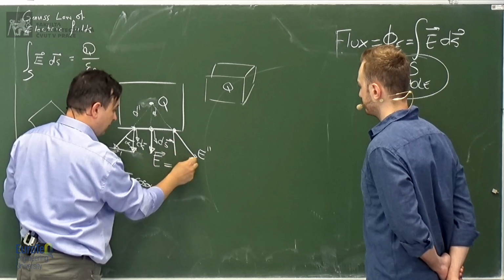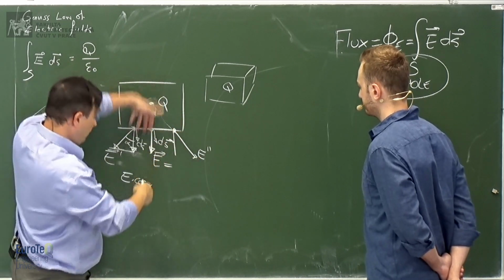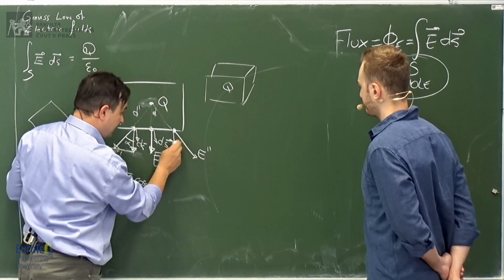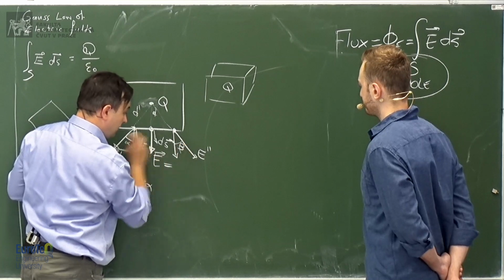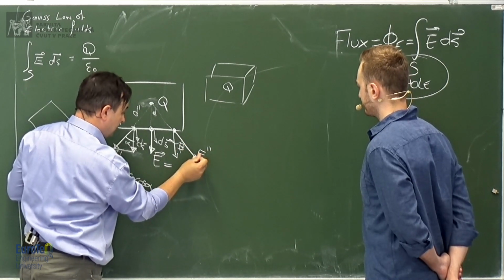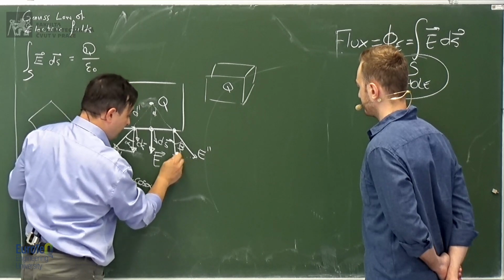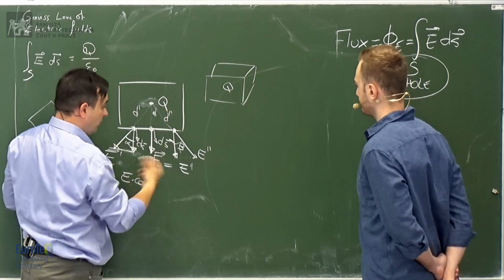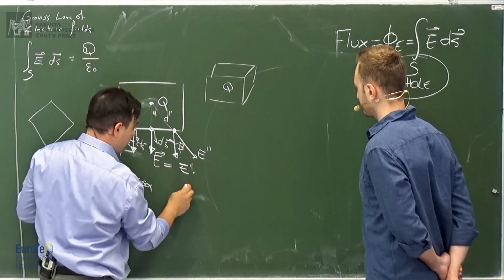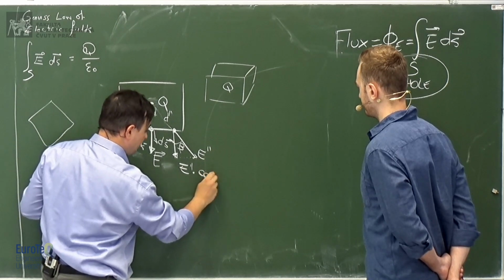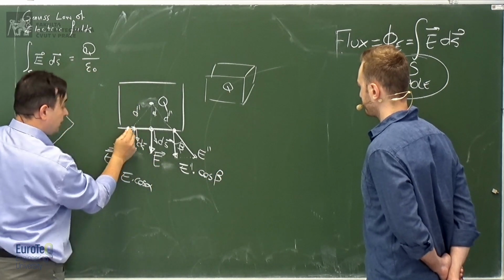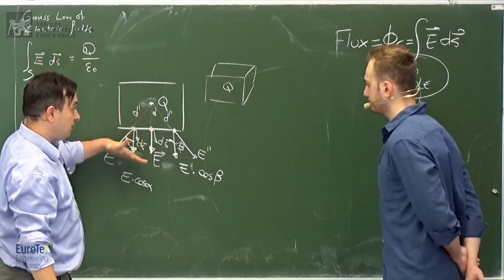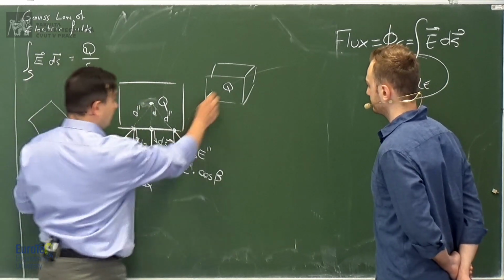And again, you have to calculate only the component which is orthogonal to the surface. So again, let's say this is beta. So this will be the component E double prime, at a distance d double prime, times cos beta, okay? And you have to do it for all the single points. This gives the flux through the surface. Actually, you have to do it in 3D.